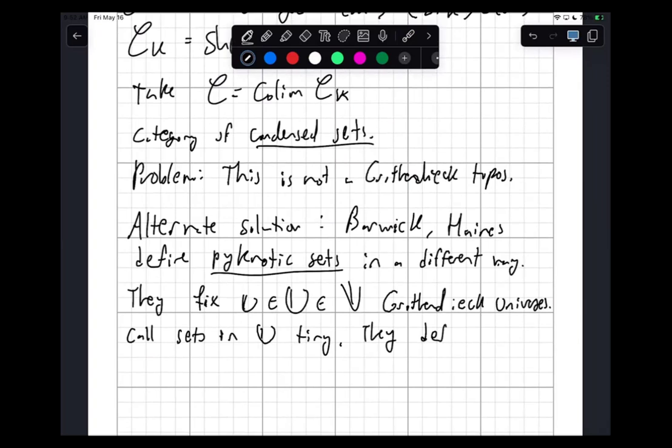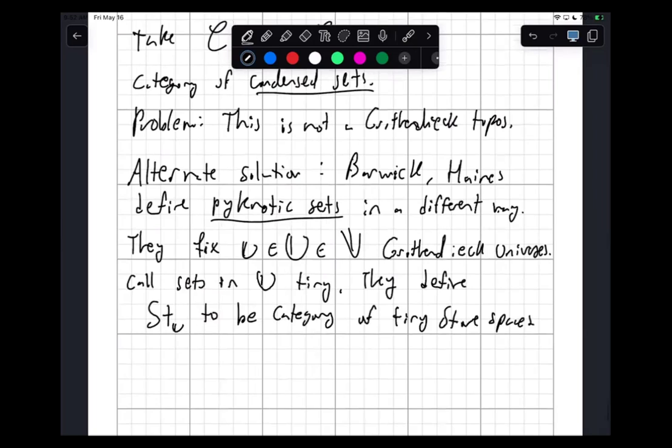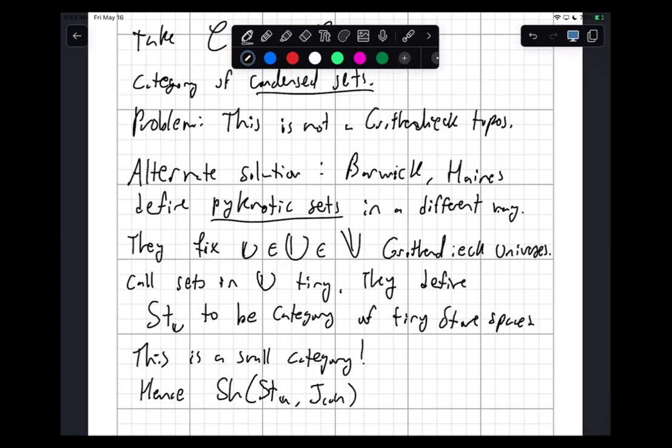They define Stone of U to be the category of tiny Stone spaces. Well, this is a small category. Hence, they define this to be the category of pyknotic sets.